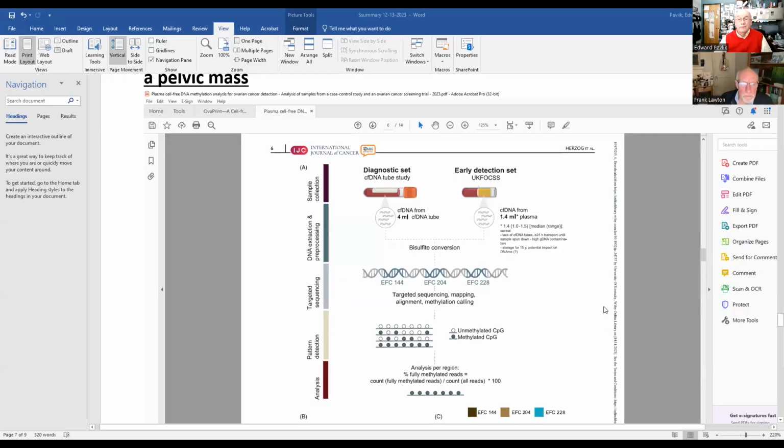So when we set out to look further on how they did it, the answer is right here, and that's that they are going to sequence these regions, which they can identify for methylation or non-methylation, and they're going to make their conclusions based upon the sequencing data.